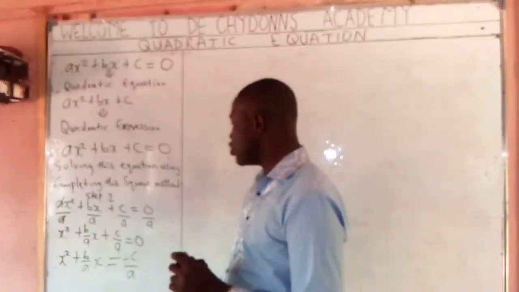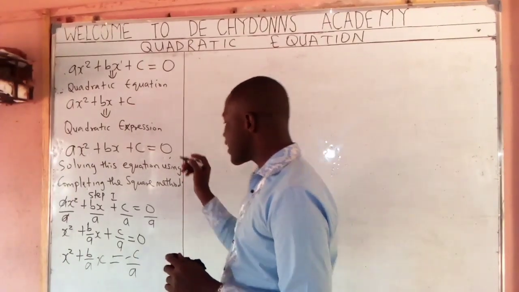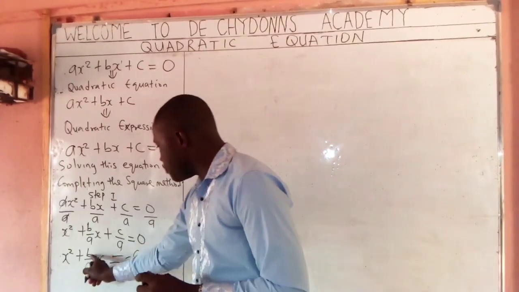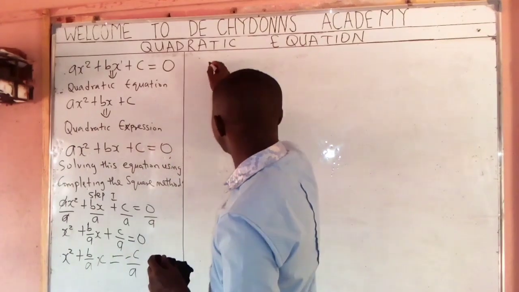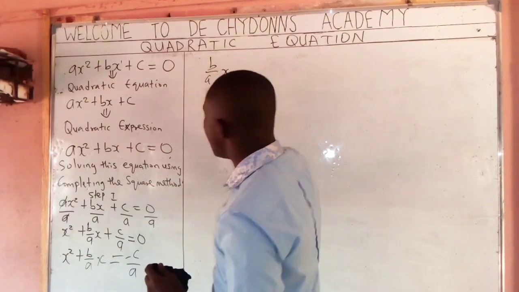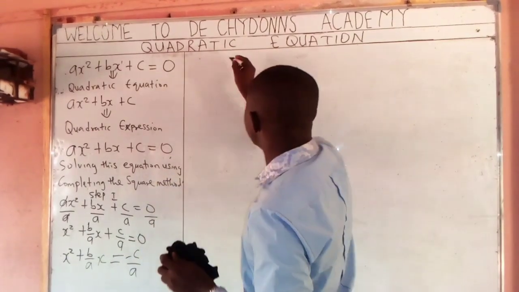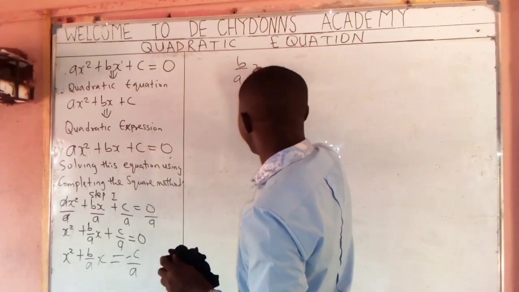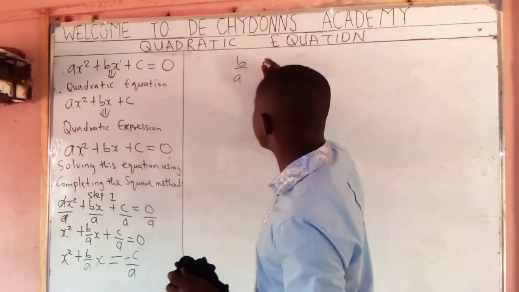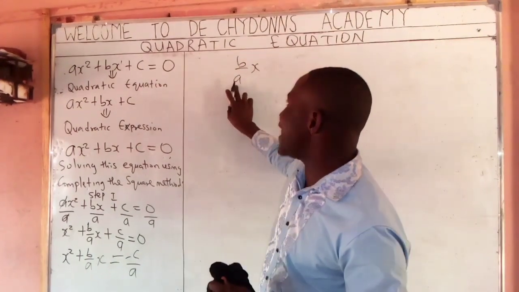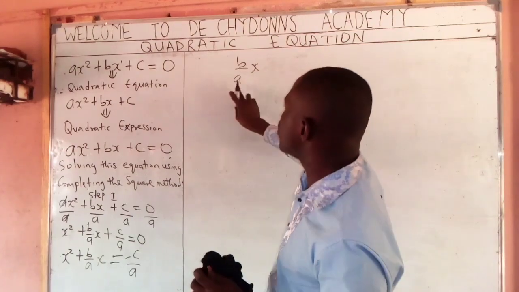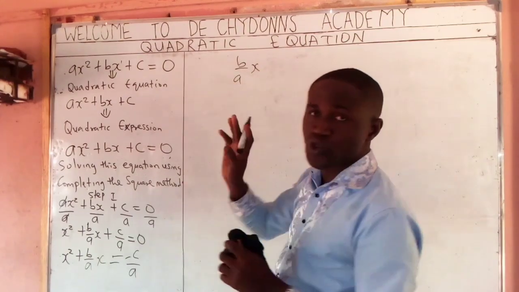Now, the next step you take is this b over a x. What you do is use 2 to multiply this denominator, where that 2 is a constant.